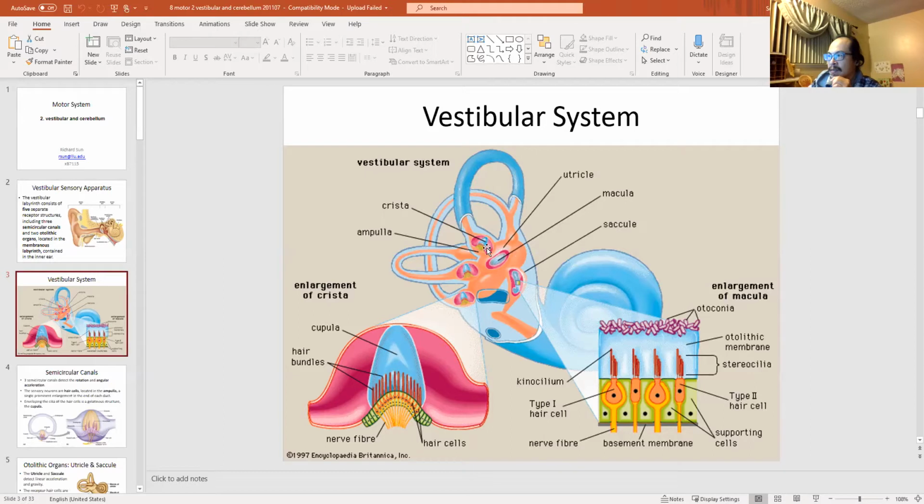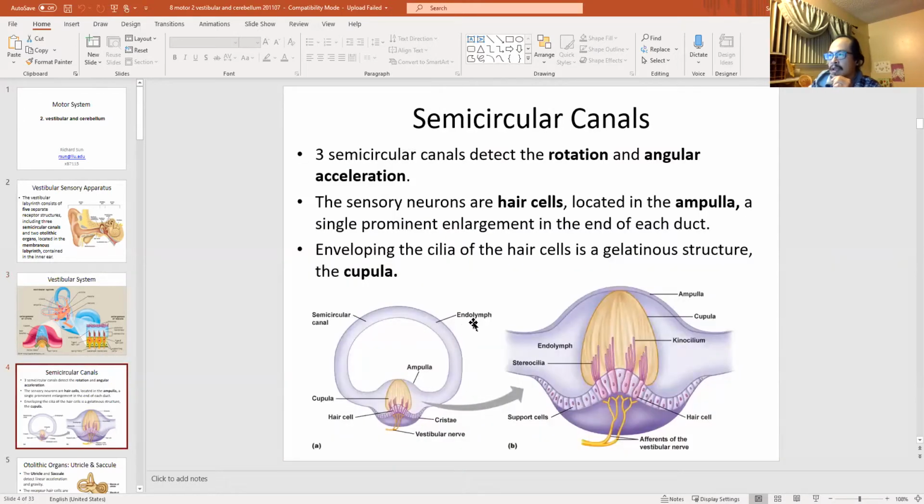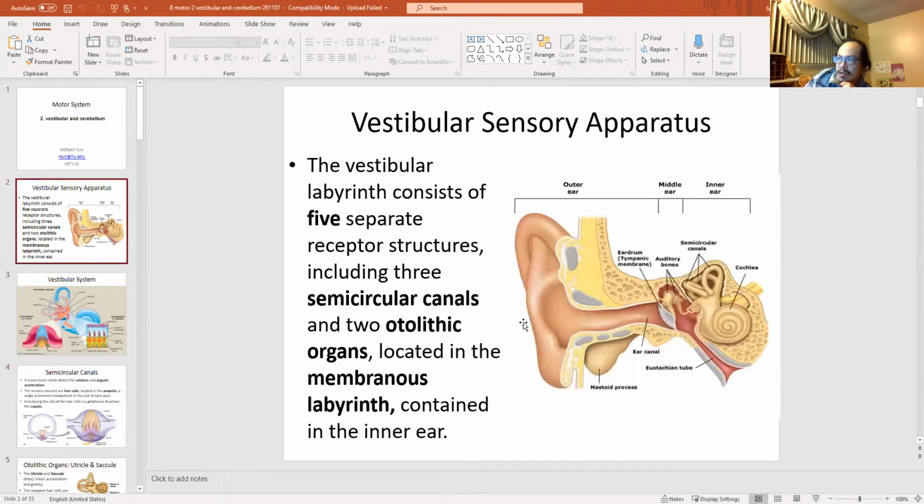It doesn't say it here, but we will see it. Here you go, the endolymph. This endolymph is a high potassium fluid, and that fluid fills this semicircular canal as well as this chamber.